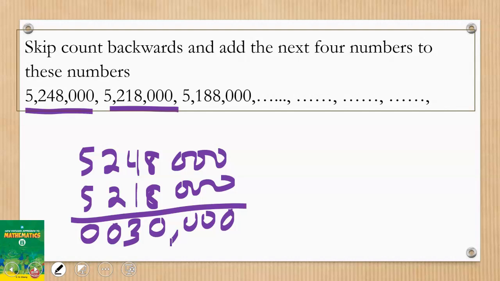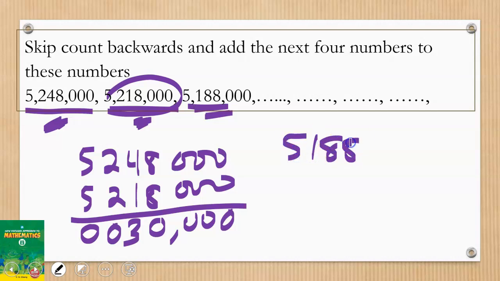So it means that subtracting 30,000 from this number will give you this. Another 30,000 from this also will give you that, and you can try that and see. When you subtract 30,000 from this number, it will land on this number. So what we are going to do to get the next number is 518,800 minus 30,000.